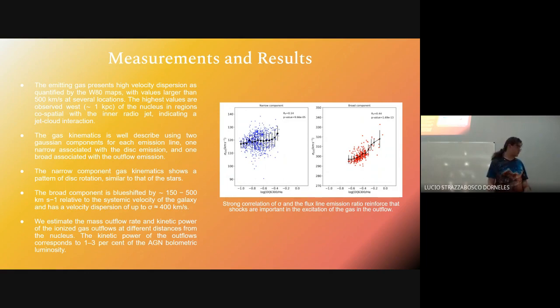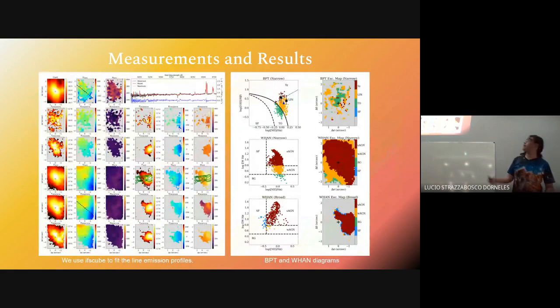And so this map here that we are seeing is not just due to the AGN emission, but also to shock ionization related to the radio emission that is present in the galaxy, these green contours here.